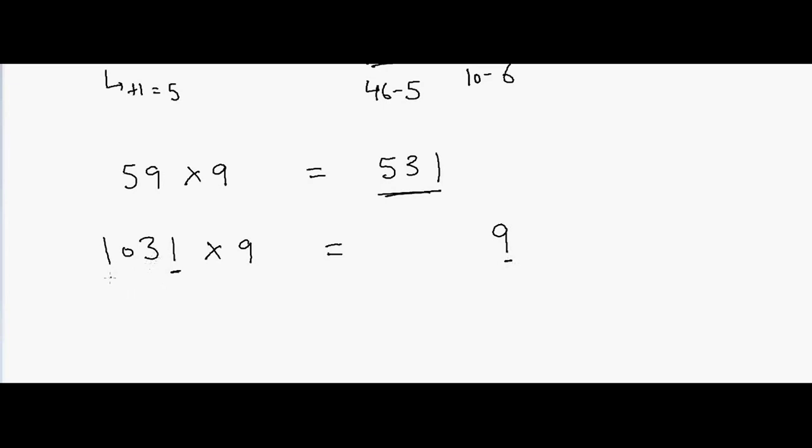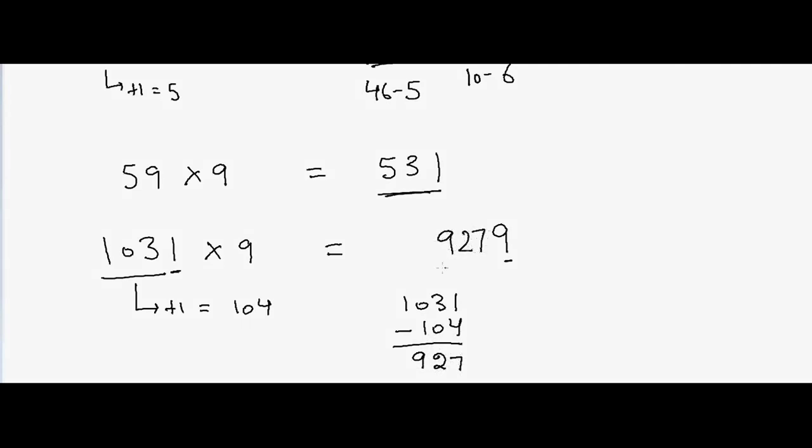Then I have 103, so I take this and add 1 to it, that will be 104, and then I have to subtract 104 from 1031. This could be a little tricky for some people, but if you look, it's not that hard. It's 927, so the answer will be equal to 9279.